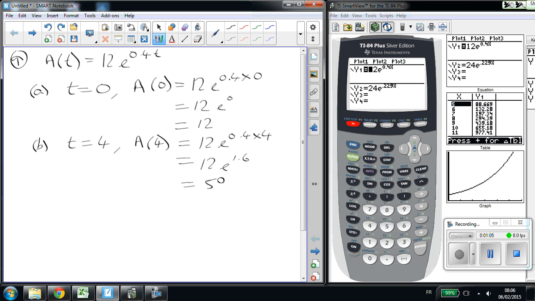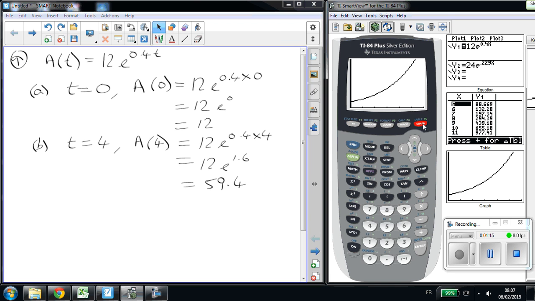Alternatively, we could have a look at the graph. We could go to second calculate and look for the value when x equals 4. Hopefully that'll give us 59.4 as we got over there.